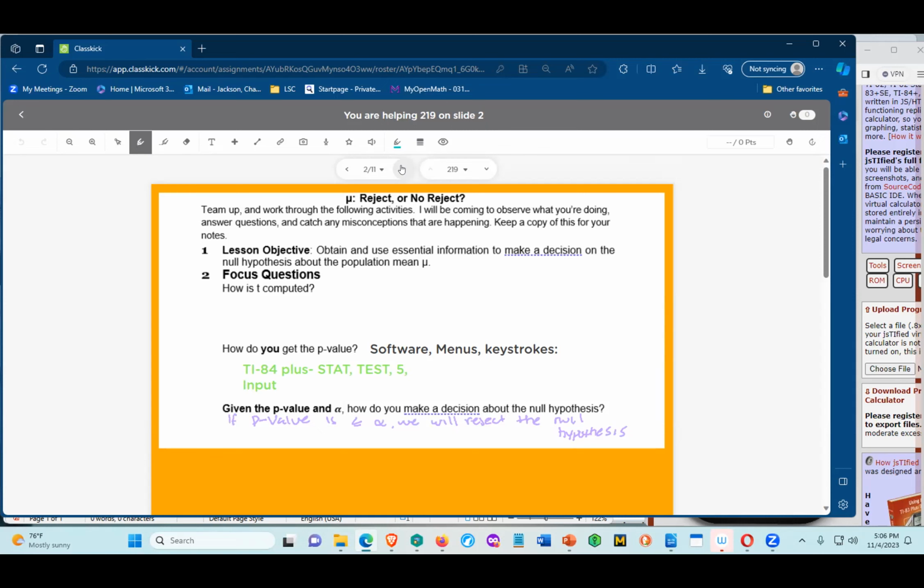But it's the same thing, right? Well, it's similar in some ways. The formula for T is going to be in 7.3, but we're testing for now the population mean mu.